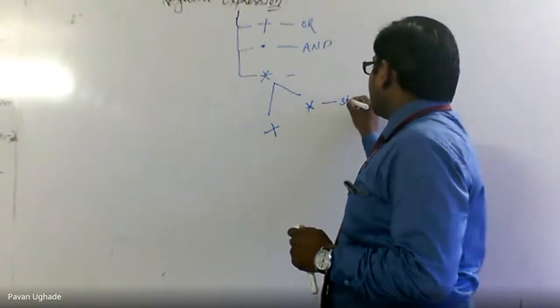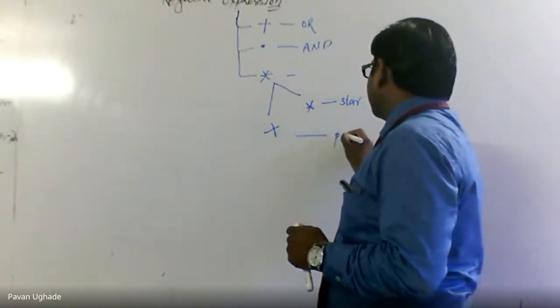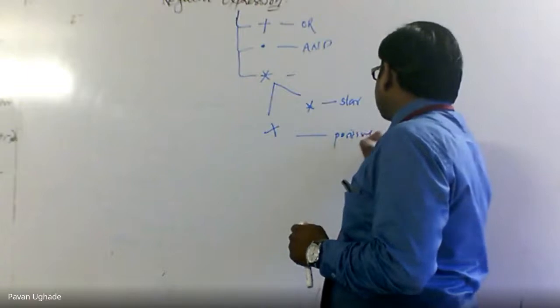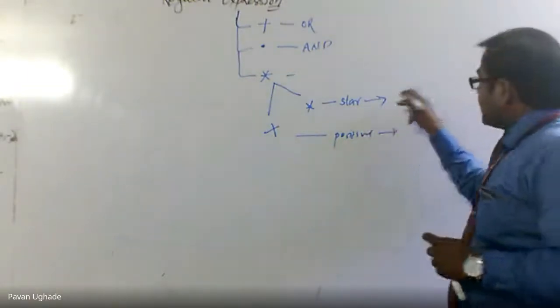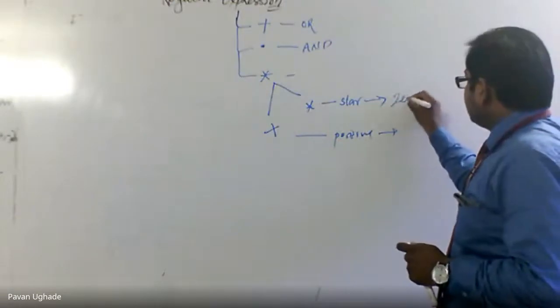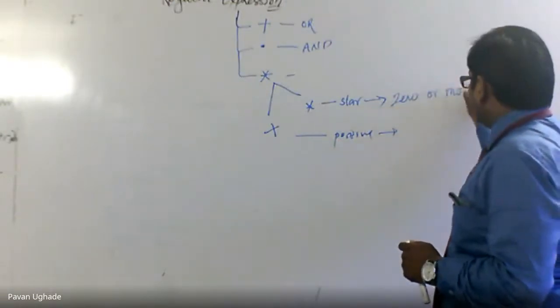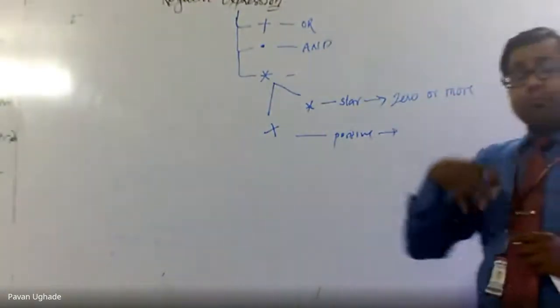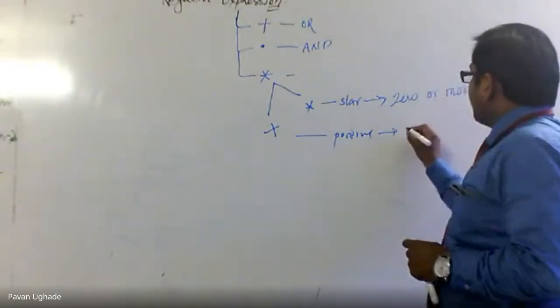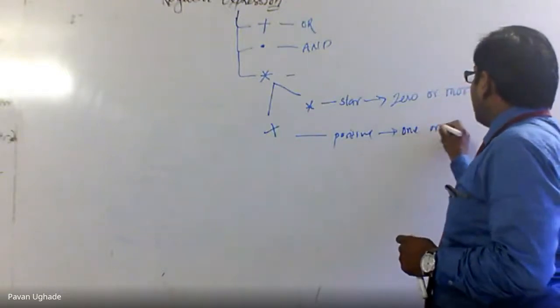This is the star closure, and this is the positive closure. I think we have discussed this. Star closure is generally considered as zero or more, while the positive closure goes with one or more.